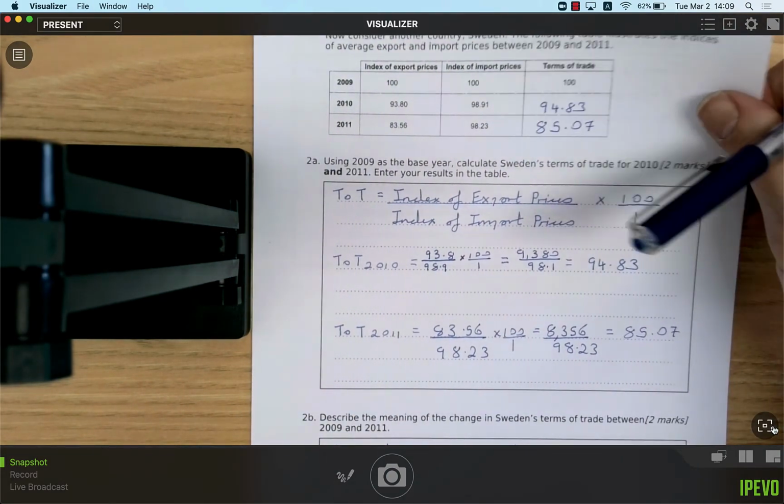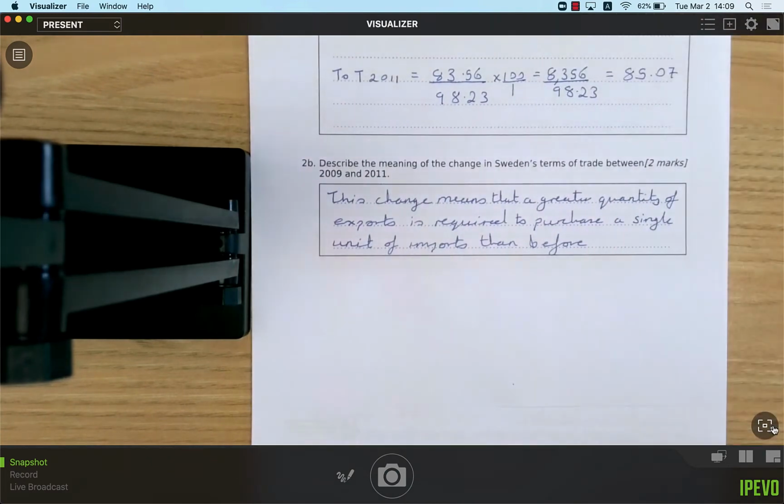Now the next thing, describe the meaning of the change in Sweden's terms of trade between 2009 and 2011. This change means that a greater quantity of exports is required to purchase a single unit of imports than before.